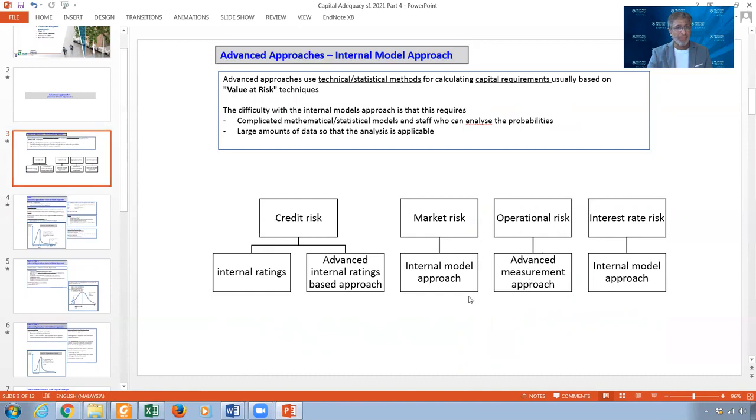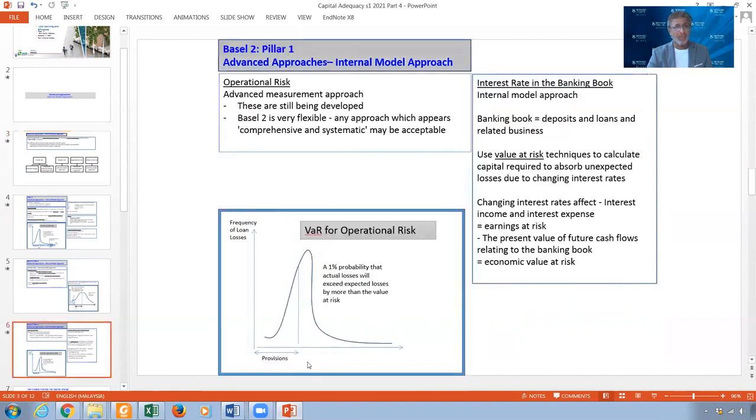You can use the advanced measurement approach, which means you have to calculate the VAR. You have provisions for any losses, and then you have to calculate this area of the VAR. The most important thing is to calculate the VAR.